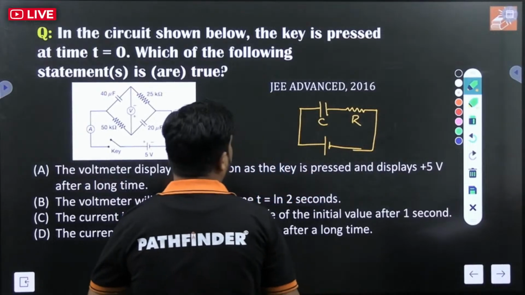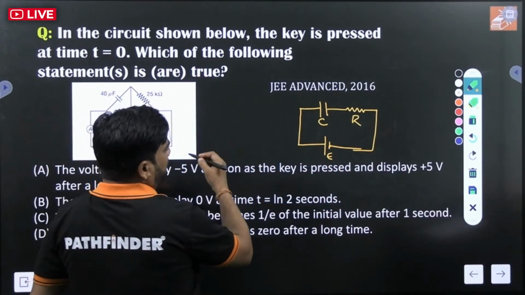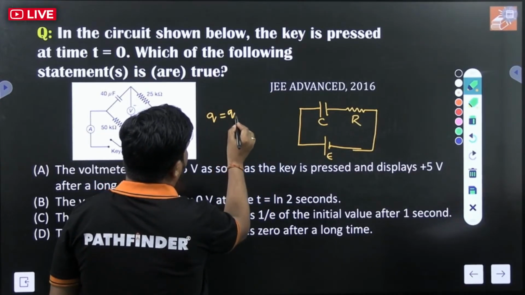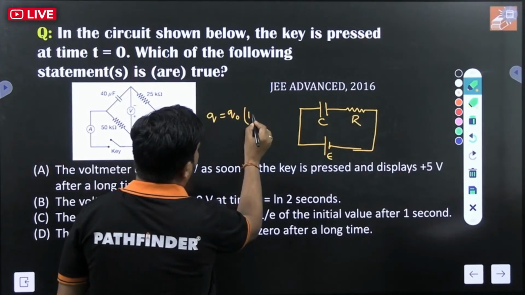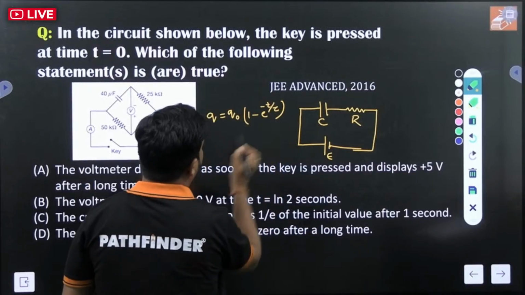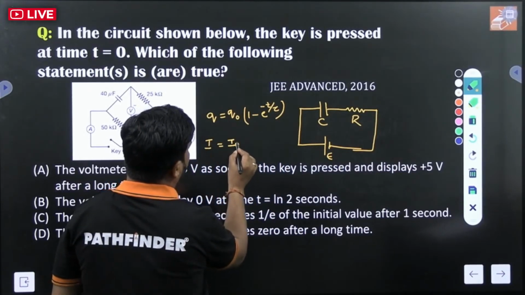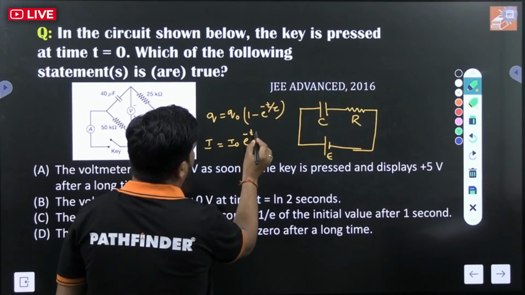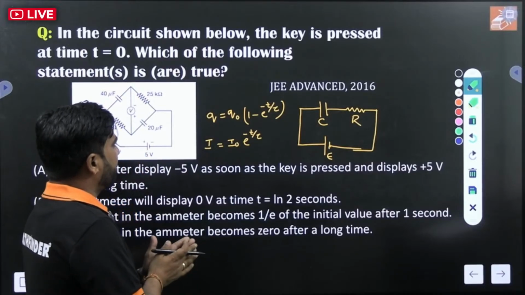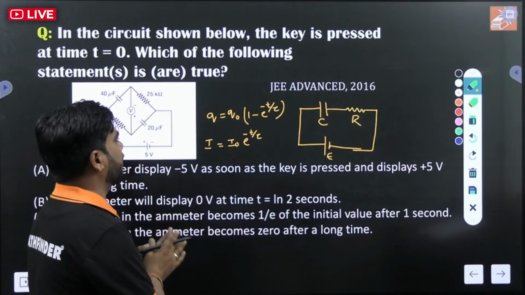Suppose it has EMF E. First, the charge: Q is equal to Q naught times 1 minus e raised to minus t by tau, and I is equal to I naught e raised to minus t by tau. Clear?